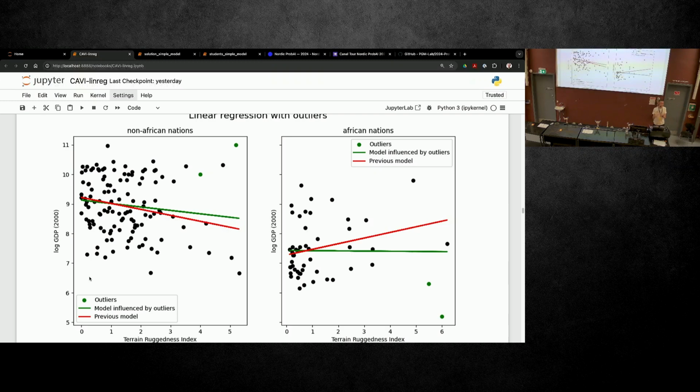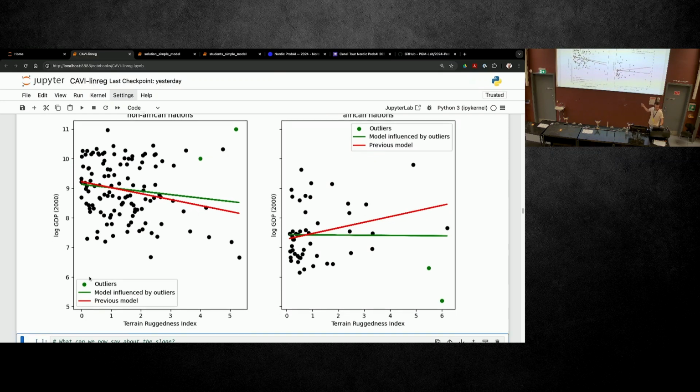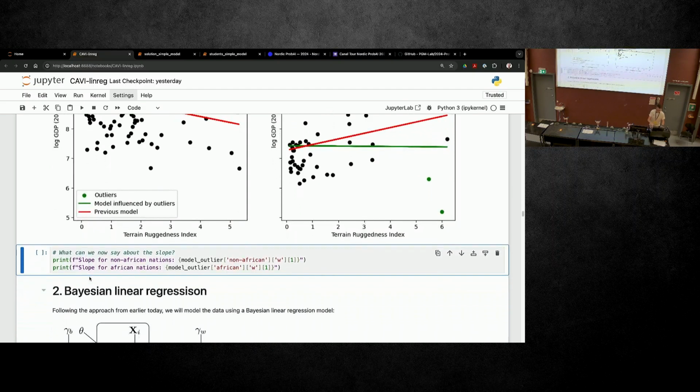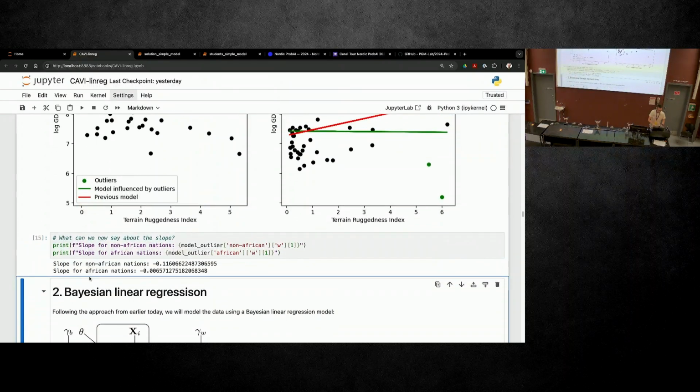So that's something to keep in mind when you start to play around and analyze the model: the effect of having outliers and limited data. And we can again get our slopes here, and now we can see that by just introducing these two outliers, we suddenly have the same sign on the slope for both non-African and African nations.